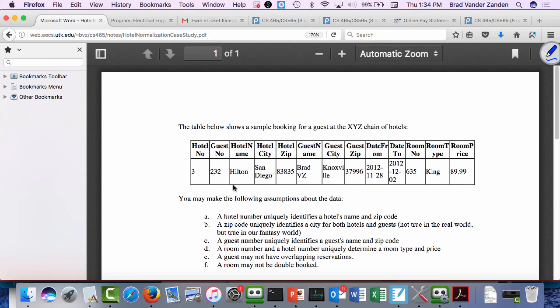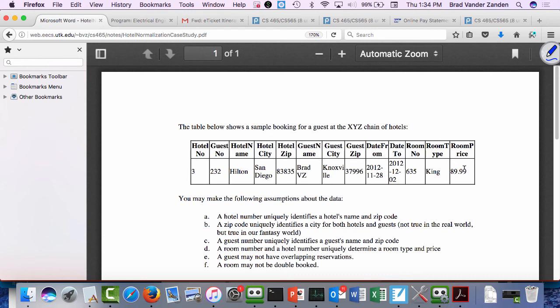In the real world, what we probably have is that the hotel guest fills out a web form or calls up the hotel and books a room, and we record all the information from the guest into one big row. So it's a big mess.